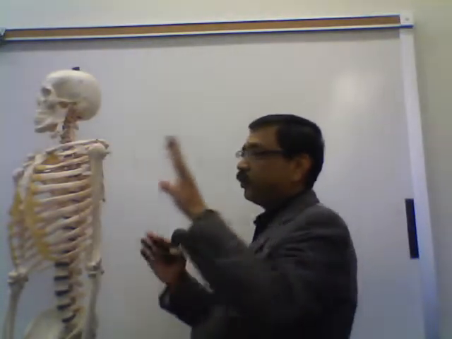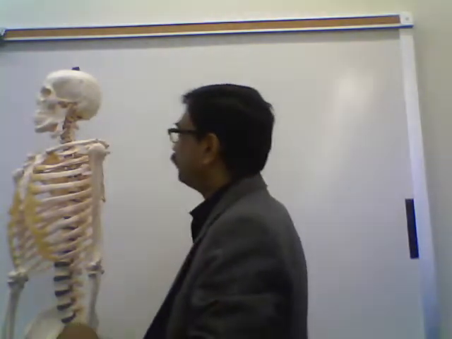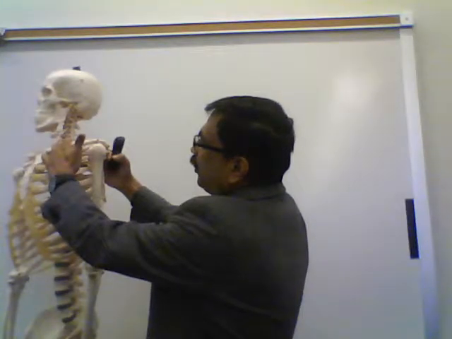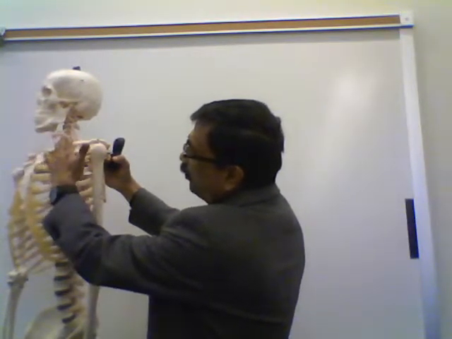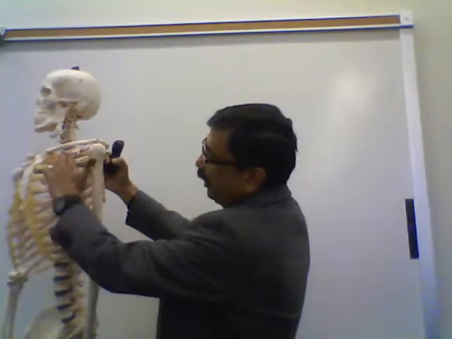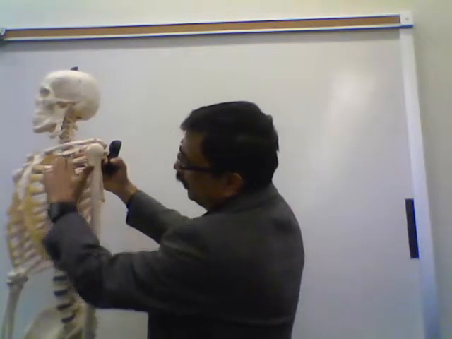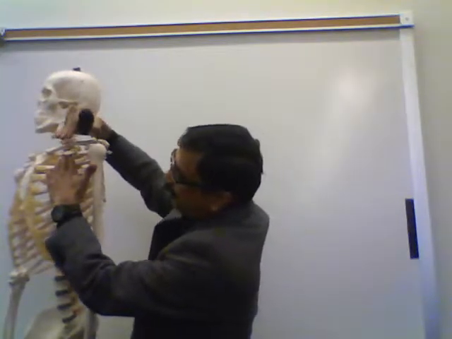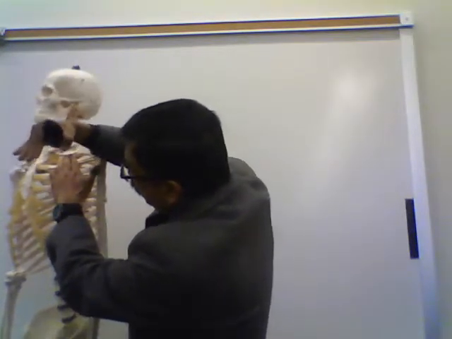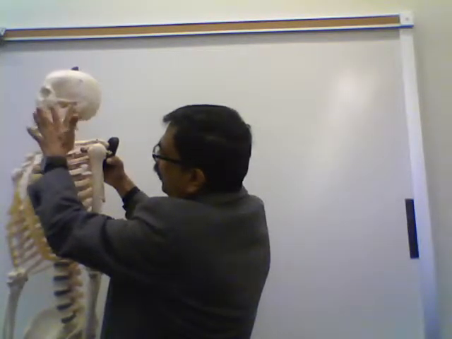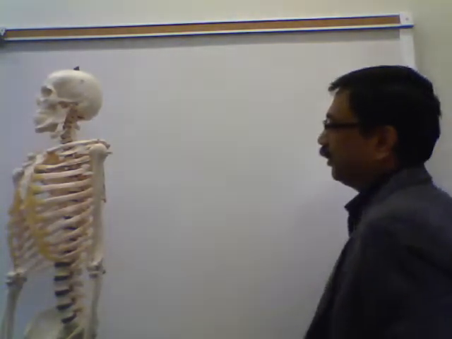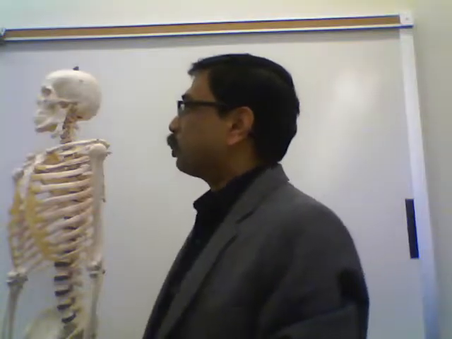The reason is, if you fall, this bone is slightly anterior to the ribs. You see here, these are the ribs, but this bone is slightly forward. So when you fall, the first hit you get is on the clavicle. That's why fracture of the clavicle is seen often.